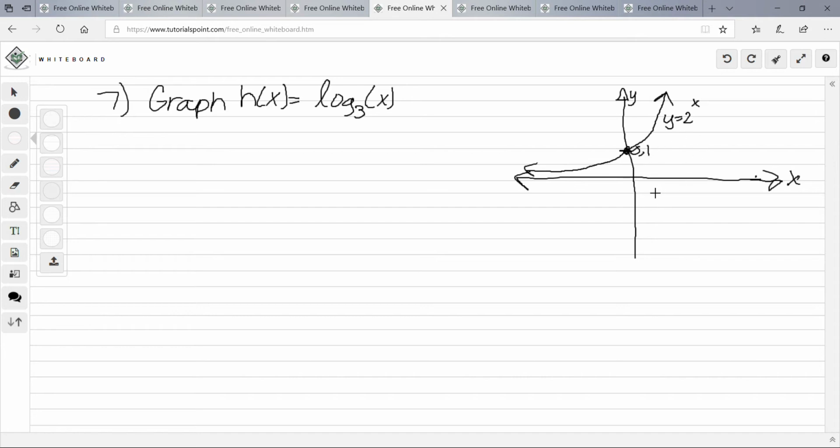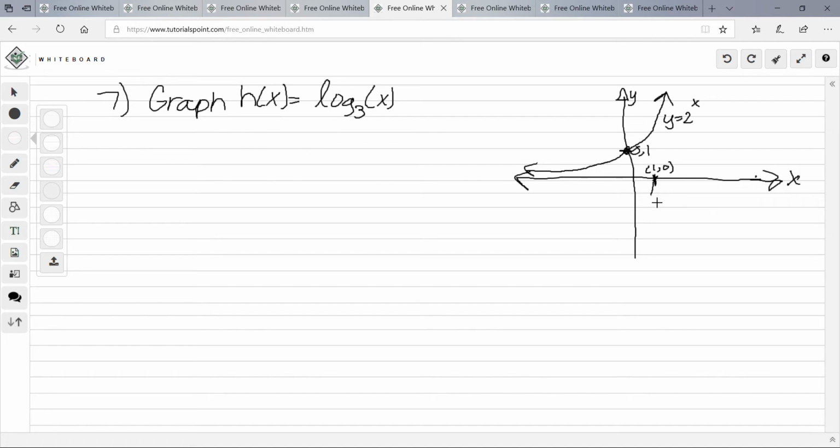Now our log graph, when a is greater than 1, has an x-intercept of (1, 0). See how they're inverses, how they switch the x and y values? This was (0, 1), now it's (1, 0), and now it's just an x-intercept.